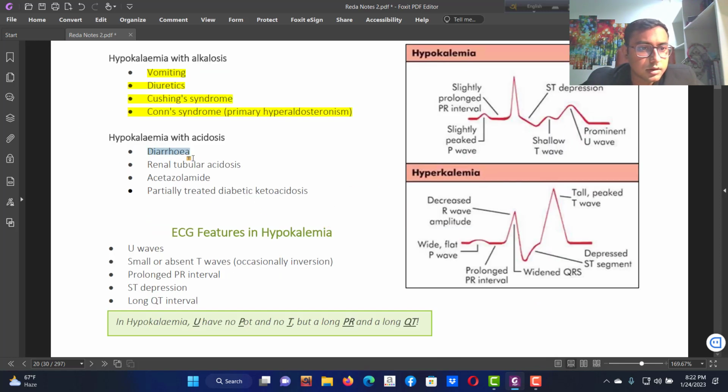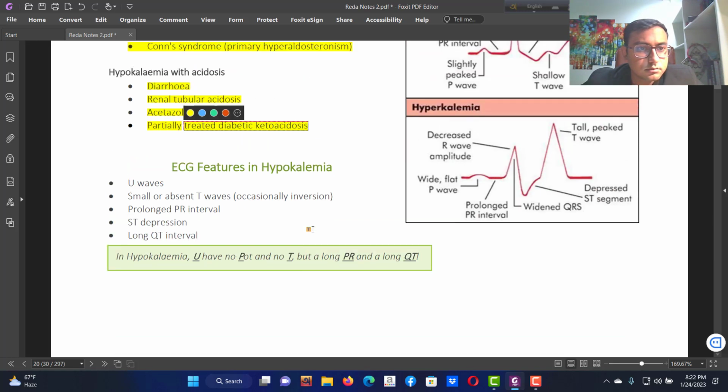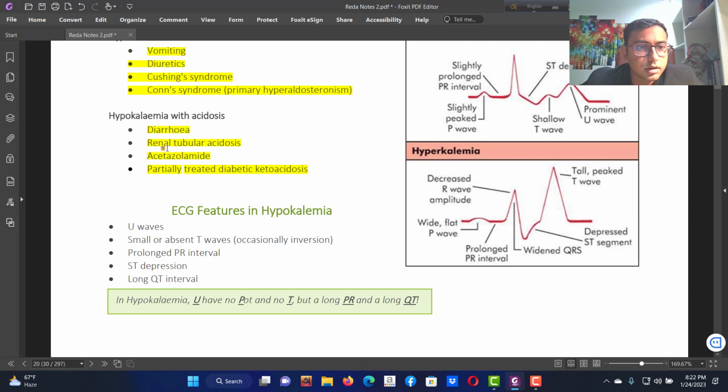Hypokalemia causes include diarrhea, renal tubular acidosis, acetazolamide, and partially treated diabetic ketoacidosis. So diarrhea, acidosis, and acetazolamide will secrete more potassium from the renal system. How does diarrhea cause loss? Because of increased potassium secretion by the rectum.